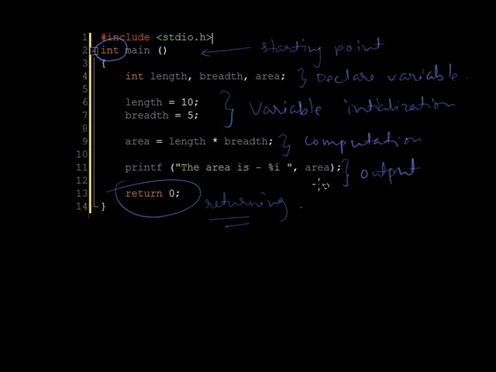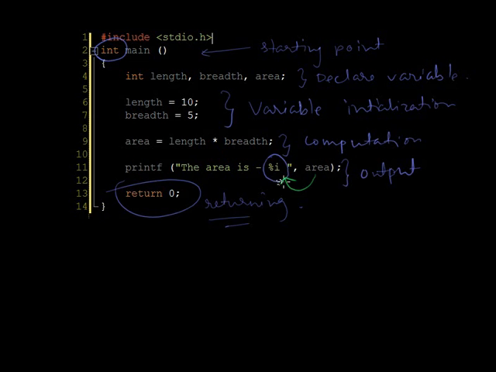Now let us look at this printf function. Now we have written printf and opening and closing parenthesis, the area is, and %i. Now what is %i? %i is nothing but a format specifier. Because the printf function does not know the type of area, we have to tell it that we have to print area at this place.